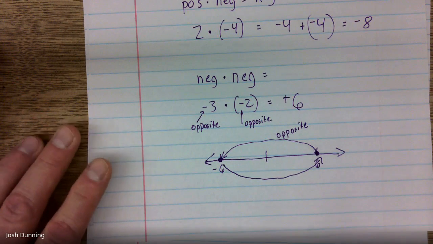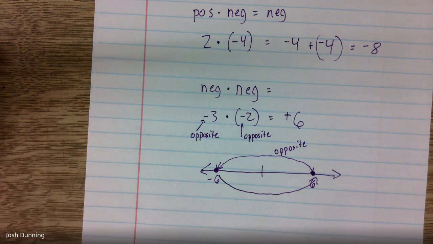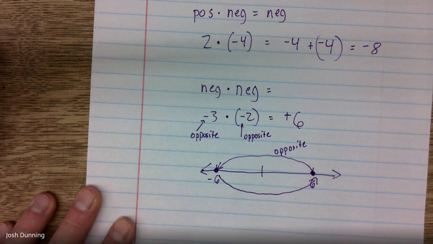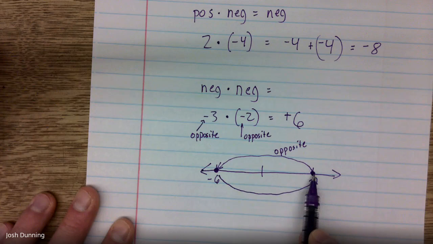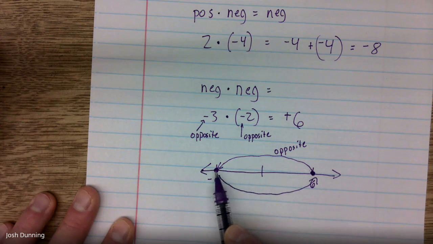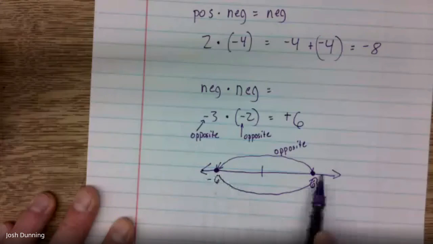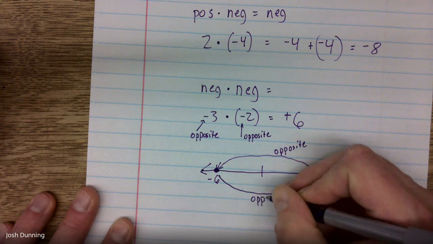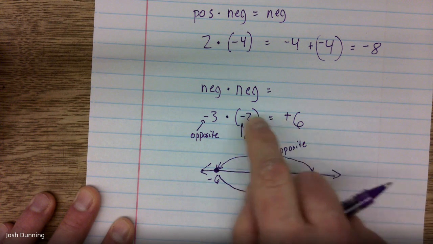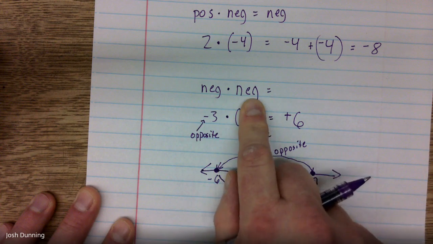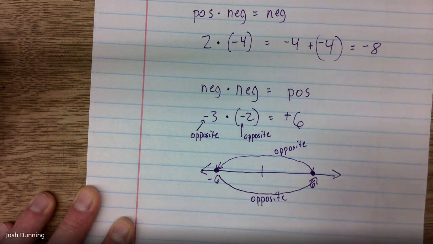So when we multiply integers, so we have signed numbers here, if you have a negative times a negative, the first negative means opposite, so that would shoot you back to the negatives. And then the second negative means the opposite of that first opposite, which just flips you back to positive. So a negative times a negative is a positive.